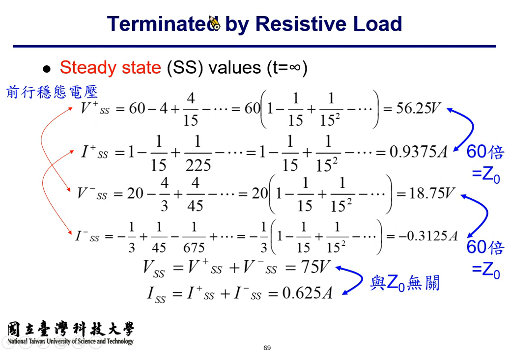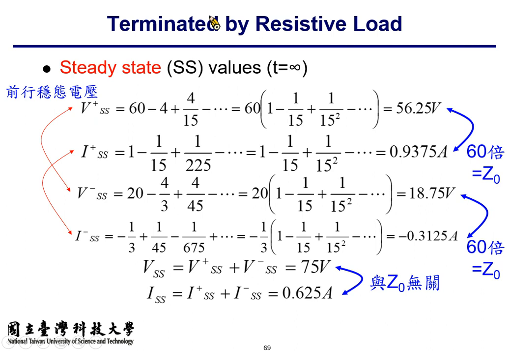They still abide by the 60 ohm characteristic impedance rule for the positive going signal. For the negative going signal, the total voltage at the steady state will be 18.75. The total current of the I minus components at the steady state is -0.3125. And you see they still maintain a ratio of 60.